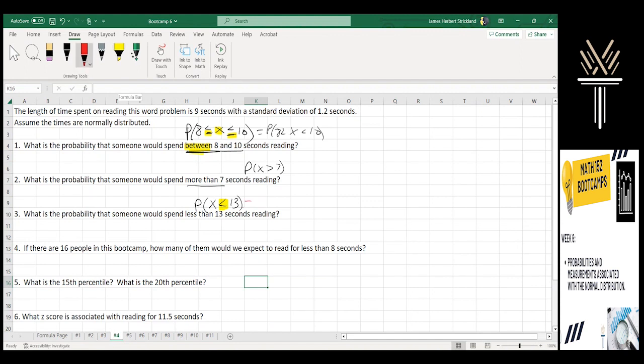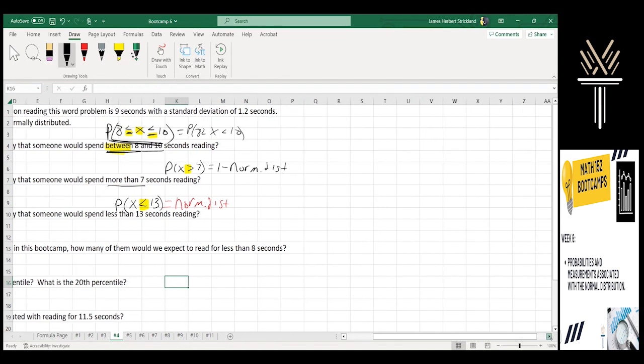That's going to be norm.dist. When it's greater than, because it's the opposite side, that's the right side, we need to flip it. So we're going to do 1 minus norm.dist. Use the complement rule to flip it. But we haven't talked yet about what to do when it's between, when you have two different measurements. Let's talk about that real fast.